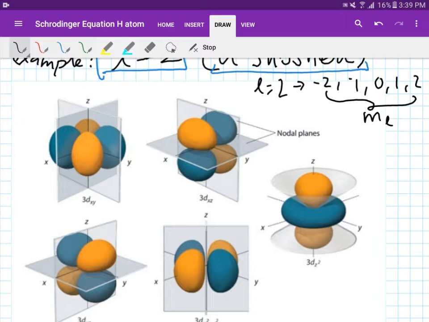So these numbers determine the shape. This is for ml equals negative 2. This is ml equals negative 1. This is ml equals 0.